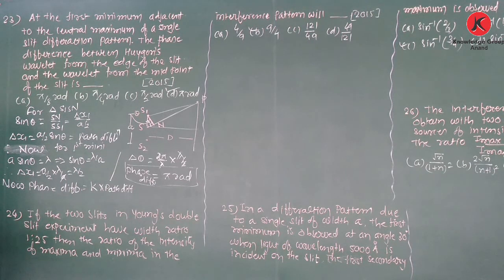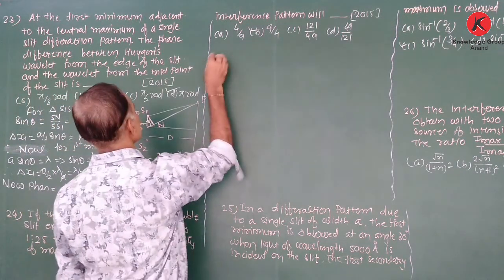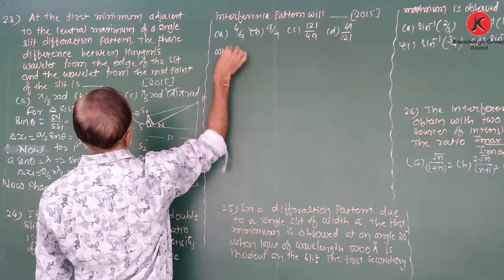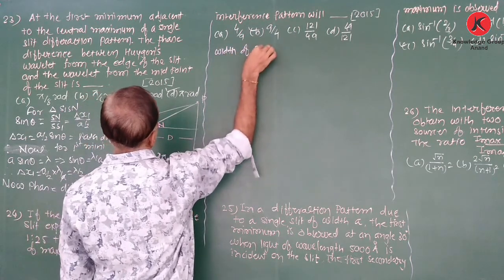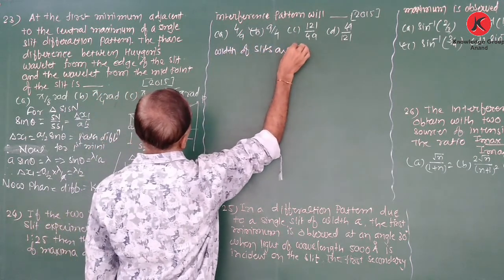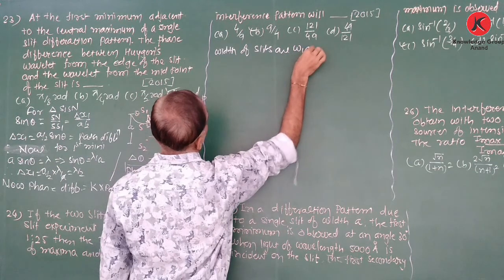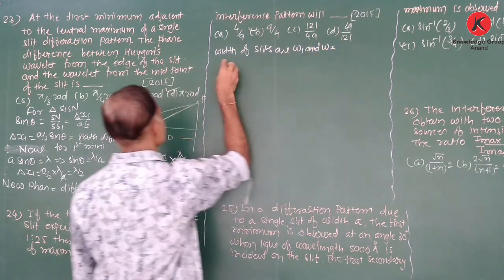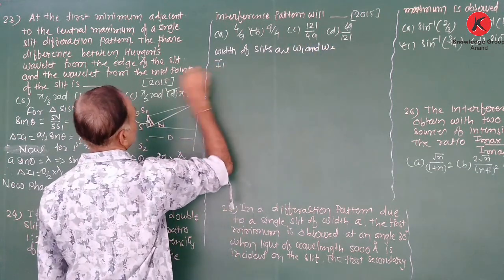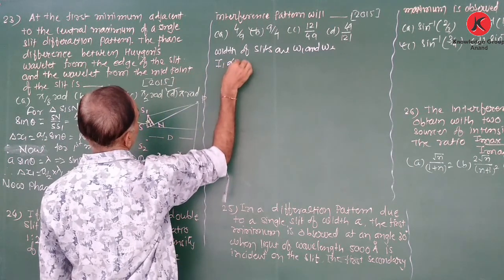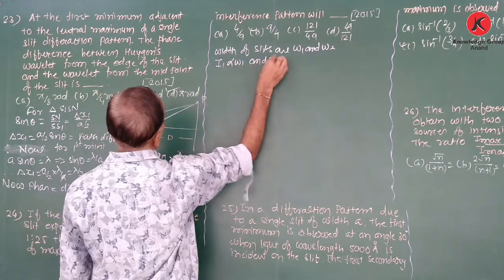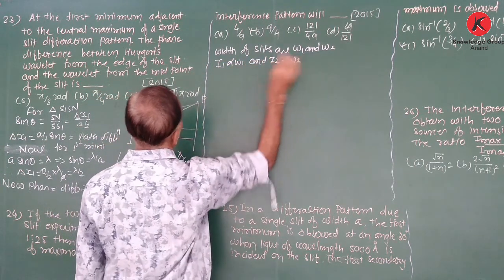Now next asked in 2015: if the two slits in Young's double slit experiment have the width ratio 1 by 25, the widths of slits are W1 and W2. That is given as I1 proportional to W1 and I2 proportional to W2.